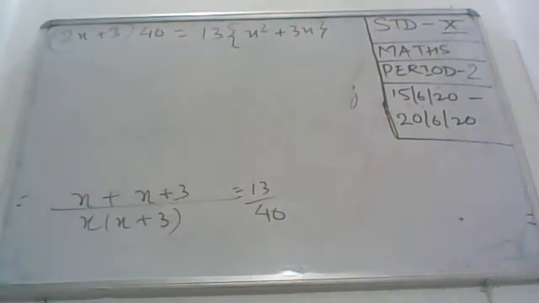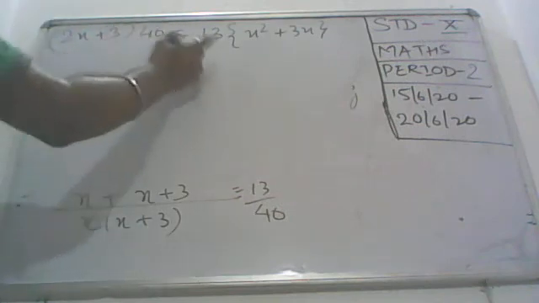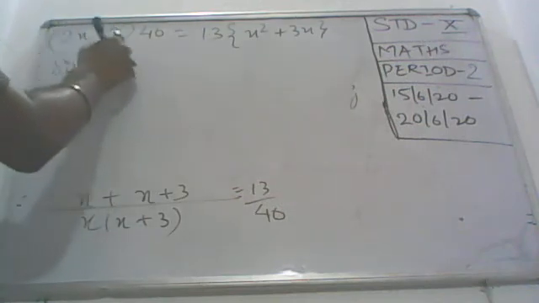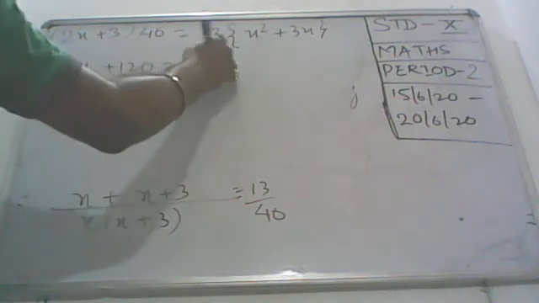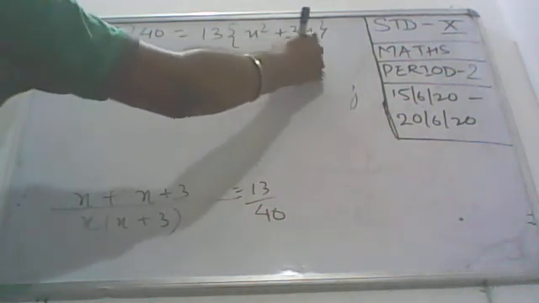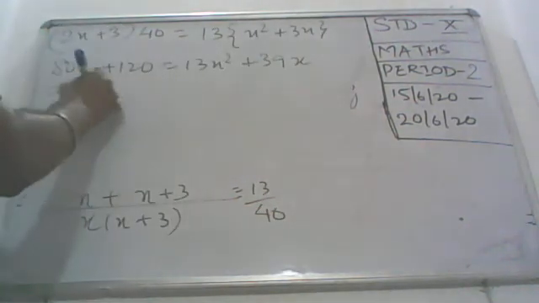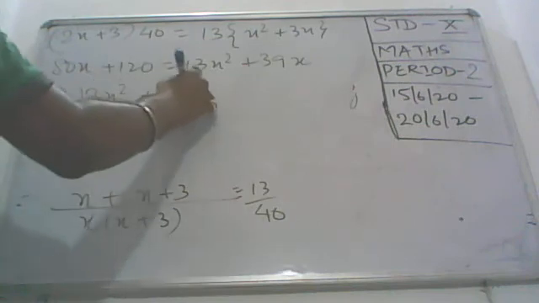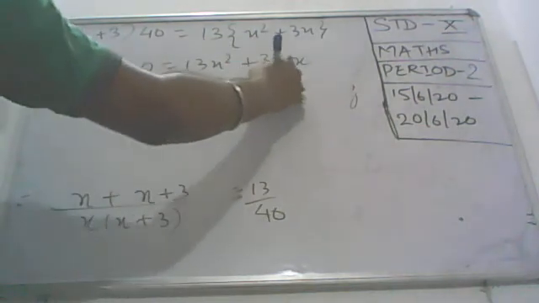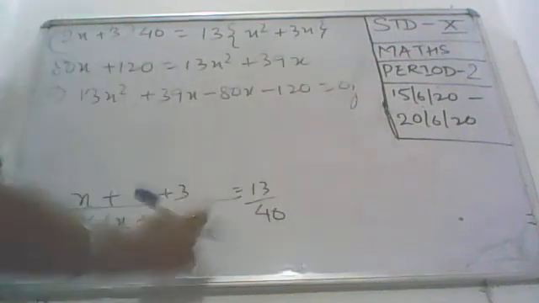Okay, now I think you are getting what we are going to do here. So this will become 80x plus 120 equals 13x square plus 39x, that means 13x square plus 39x minus 80x minus 120 is equal to 0 here.